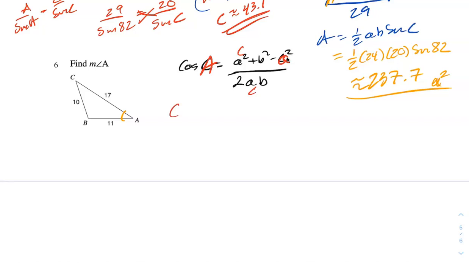So in this case, I have cosine of A equals the other two sides, 17 and 11, minus the side opposite the angle I want, so opposite of A is 10 squared, over 2 times 17 times 11. Like that. I'm going to put that into the calculator.